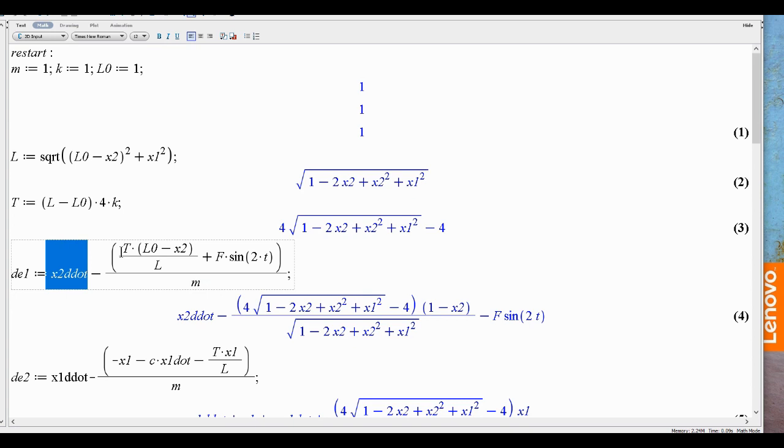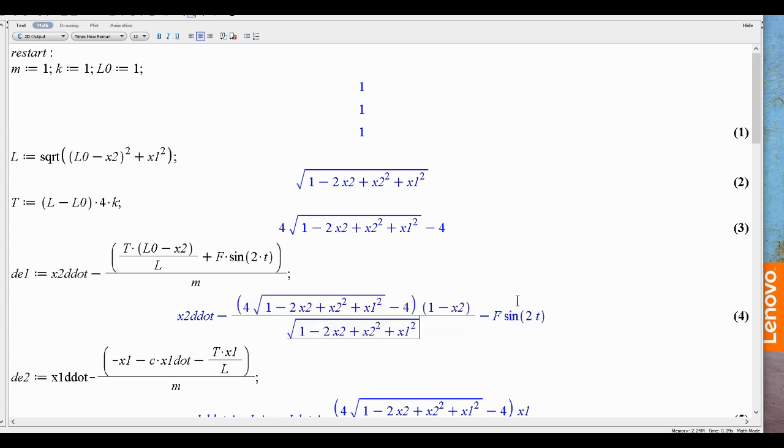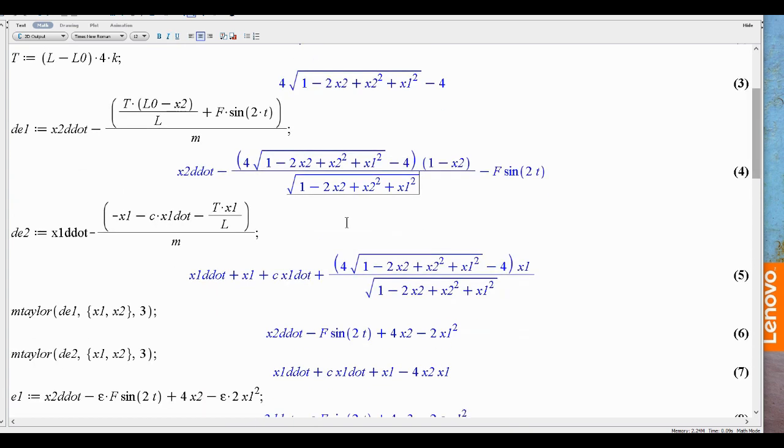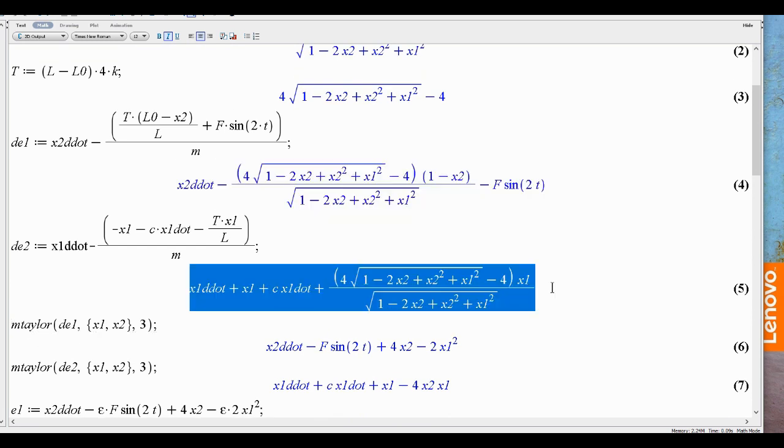Here is the force from the tension and from the resonant forcing. So you can see that it's a complicated nonlinear equation. Then here is the second differential equation, that's for x1. And let me stop here, because this is the equation that we have integrated numerically.